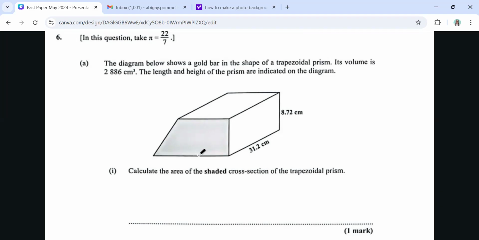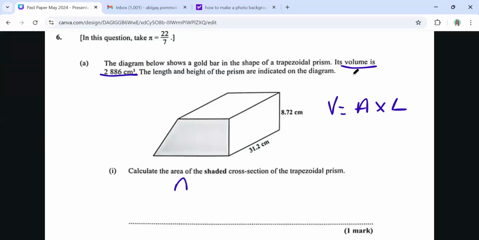So we have the volume, that's what was given, and now we're trying to find the area. Now, volume is area times length. We know the volume and we know the length, so all we need to do is find the area.